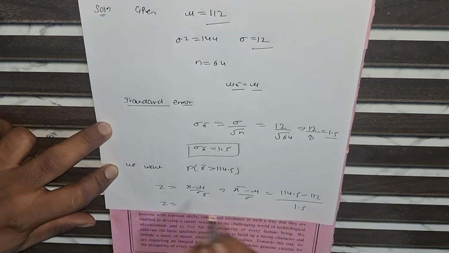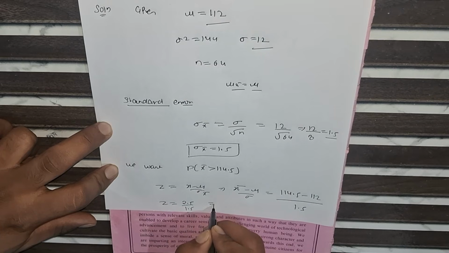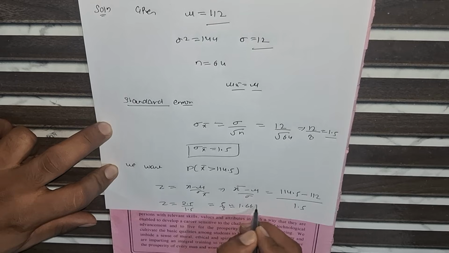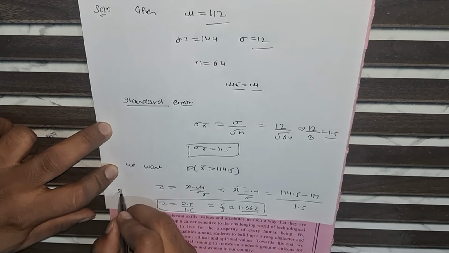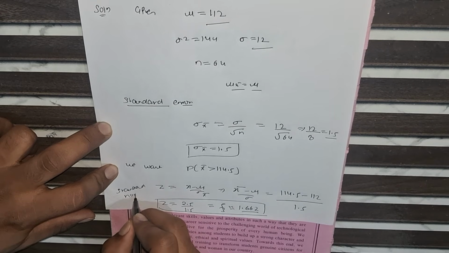So when you solve it, it becomes 2.5 divided by 1.5, it becomes 5 by 3, which is nearly equal to 1.667. So this is the value of our standard normal variate.